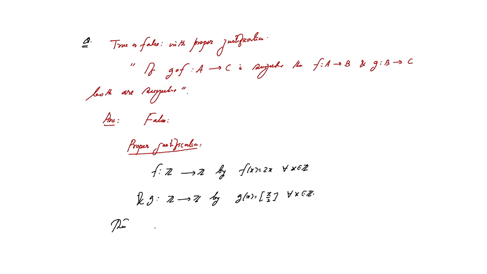Then g composed f of x is g of f of x, that is g of 2x, because f of x equals 2x. That means floor of 2x by 2, which is floor of x, and since x is an integer, that will be x.